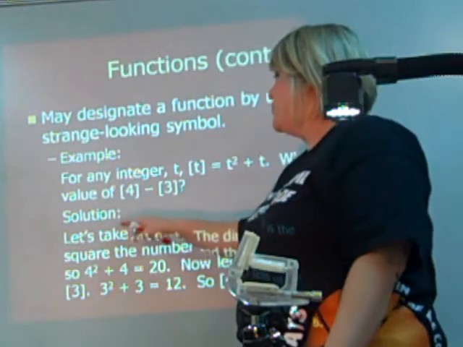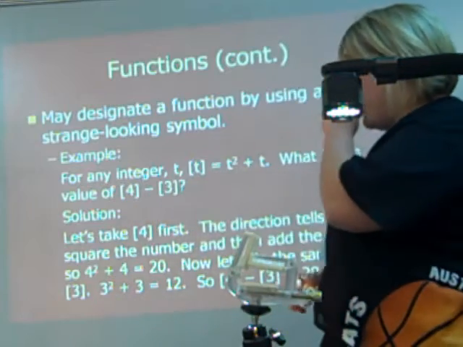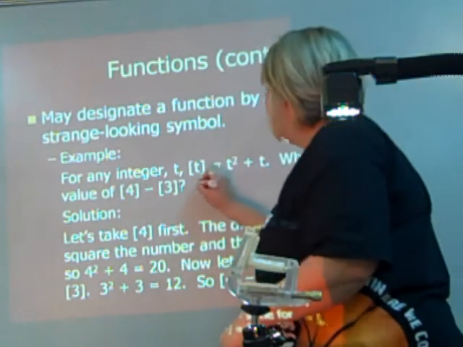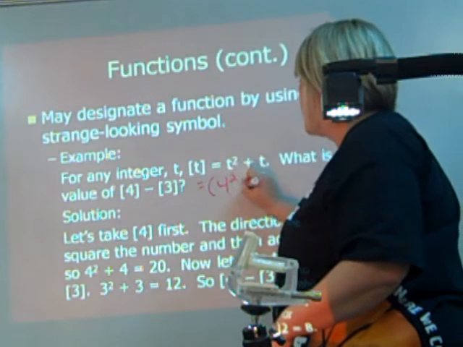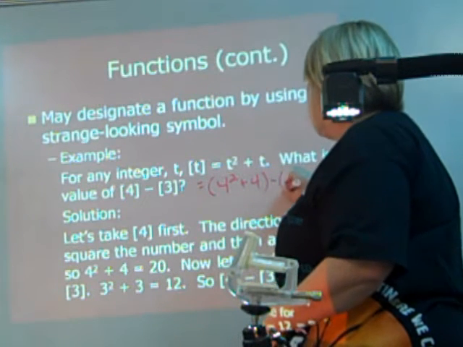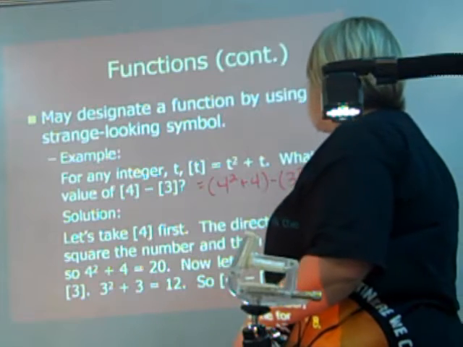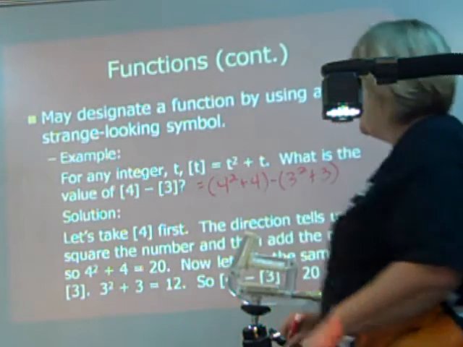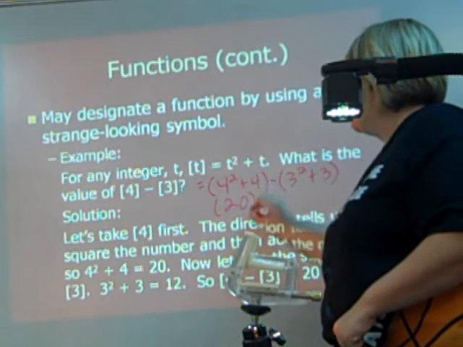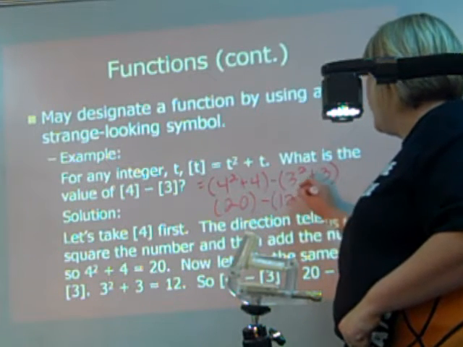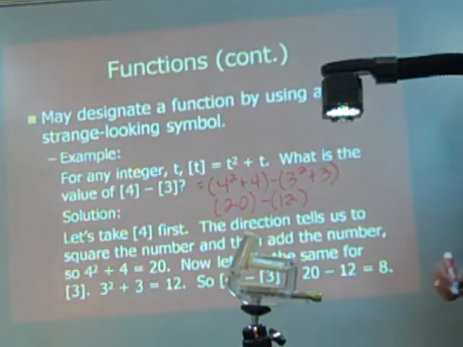So in this example, we're doing bracket 4 minus bracket 3. For bracket 4, it's telling me to do 4 squared plus 4. And for bracket 3, it's telling me to do 3 squared plus 3. If I work those out, this is 20, this is 12, and 20 minus 12 is 8.